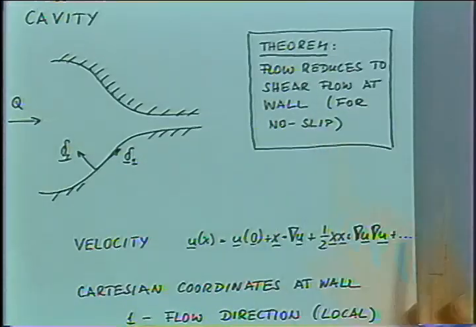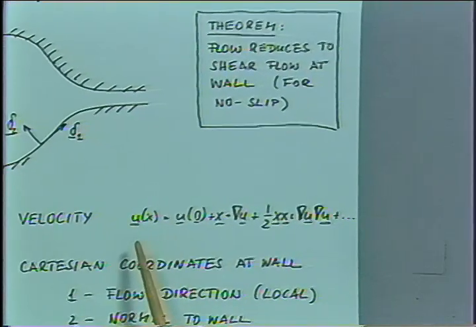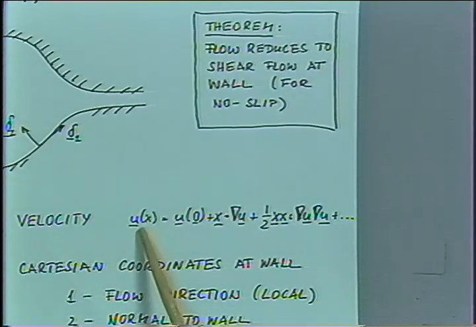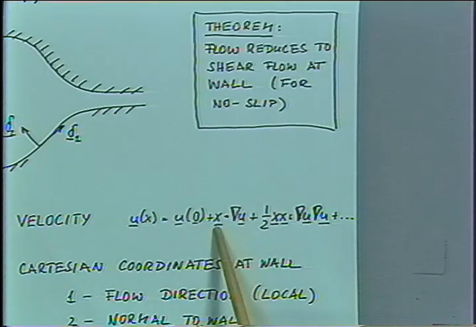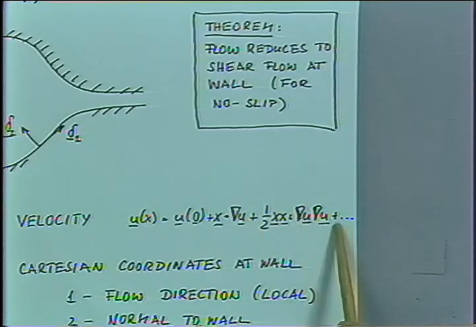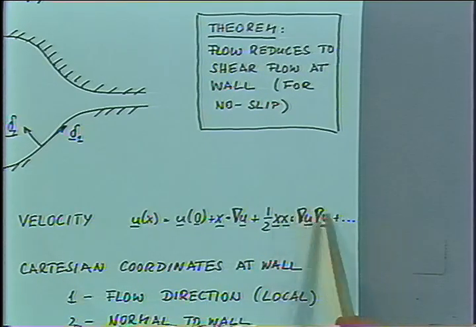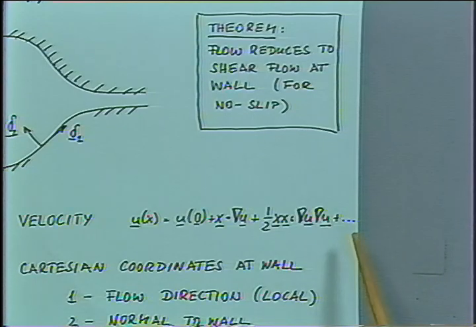For that purpose, we would expand the velocity in a Taylor series. Here we say the velocity at some position x is equal to the velocity at position 0, that for instance might be a point at the wall, plus the gradient multiplied with the distance from that point, plus some curvature. You can take some higher order terms, but it's really not necessary since we are looking just at the limiting conditions near the wall.